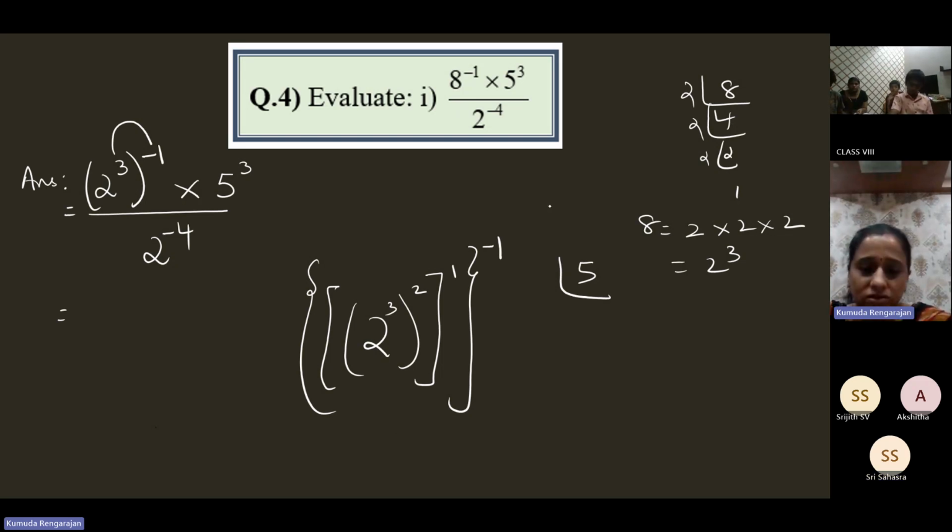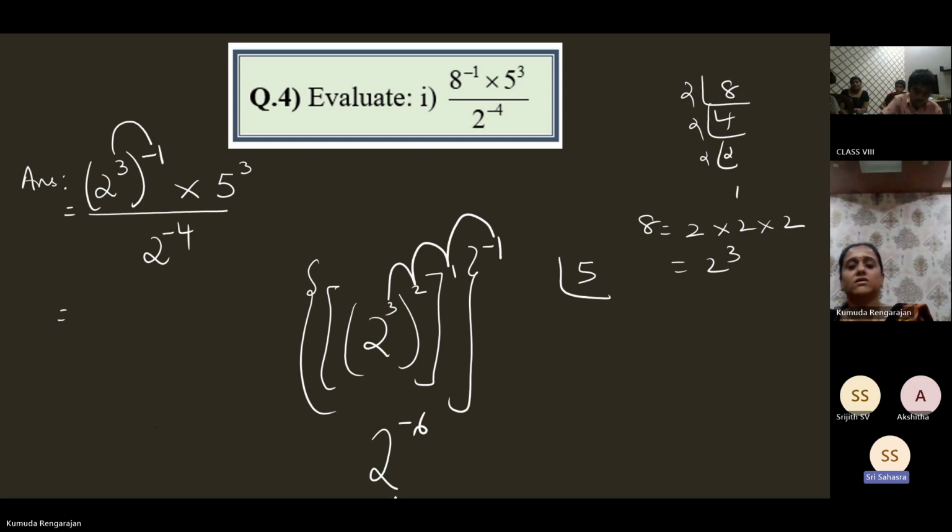What will you do with the powers? Multiply. When the base is raised to many powers, we'll have to multiply the powers. So it's 2 to the power 3 into... 3 into 1 is 3, 3 into minus 1 is minus 3.